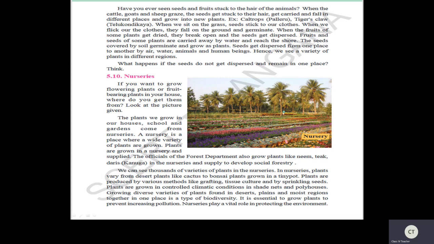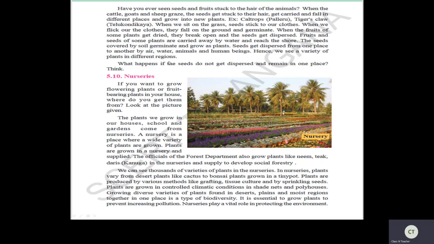The best examples are coconut and lotus seeds. The seeds covered by soil germinate and grow as plants. Now seeds get dispersed from one place to another place by air, water, animals and human beings. Hence we see a variety of plants in different regions.